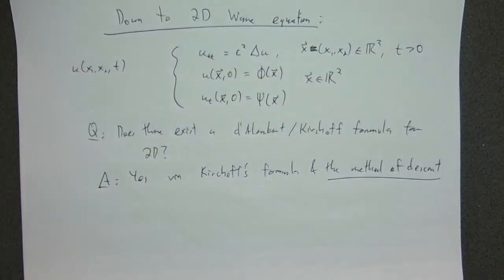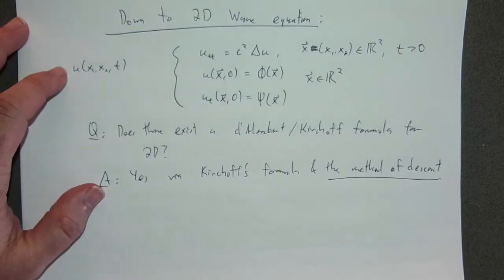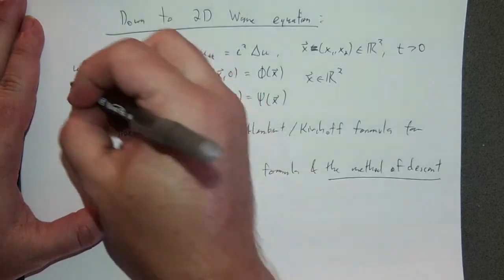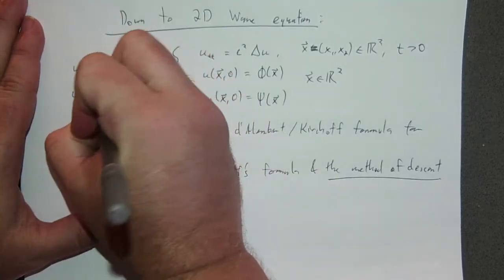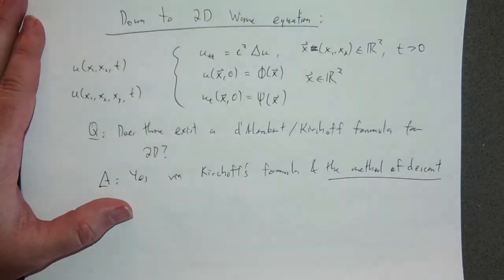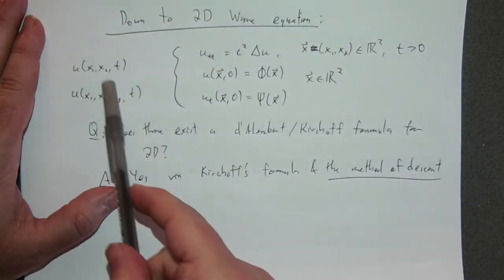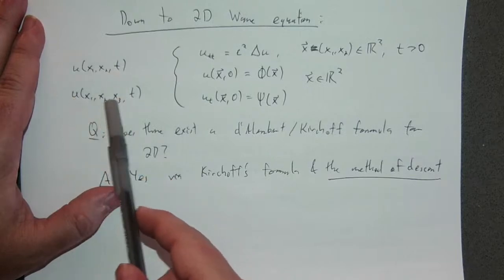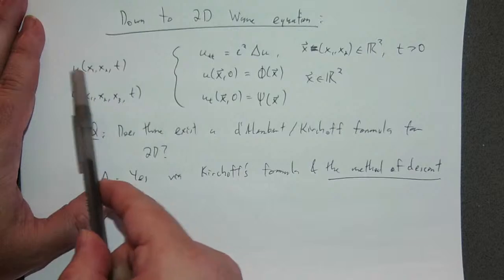Then the idea is that we artificially lift this solution to a 3D wave equation, by saying let u of x1, x2, x3, t be equal to this thing.